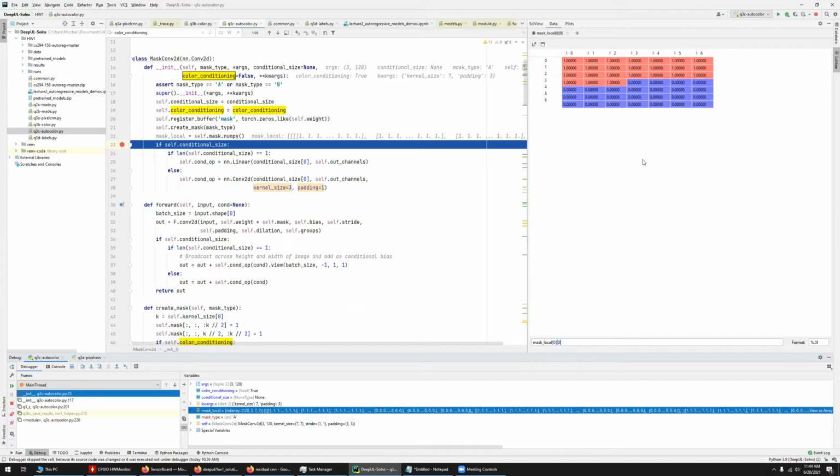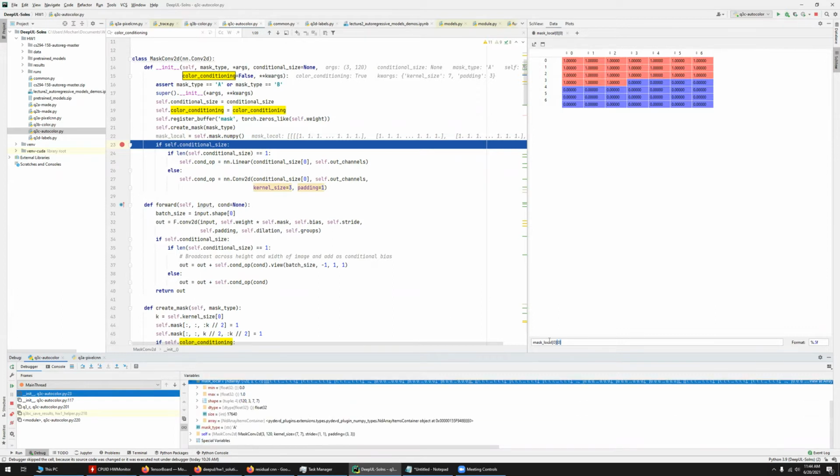But if we're doing green, then we need to say, okay, well, we're doing green, we'd like to have red. So in this mask, one of these is not zeroed out. Both G and B shouldn't be zeroed out, right?